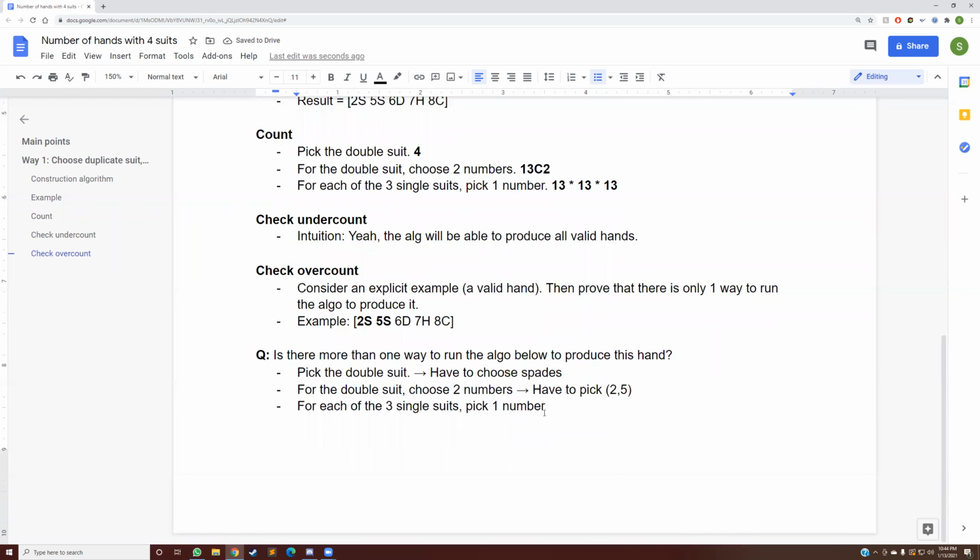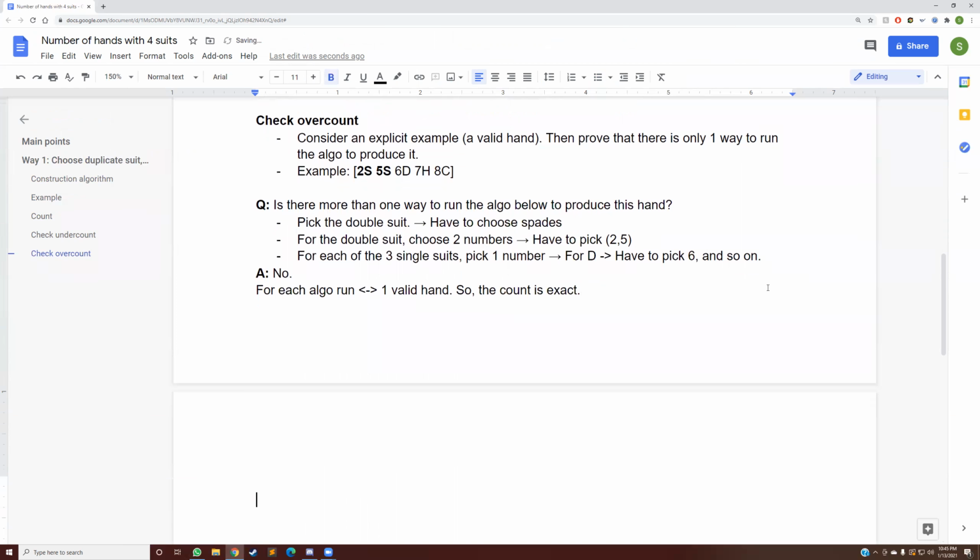And then for each of the single suits, pick one number. For diamond, have to pick 6, and so on. So the answer is no. Each algorithm run corresponds exactly to one valid hand. So the count is exact.